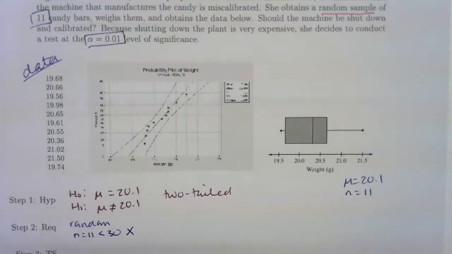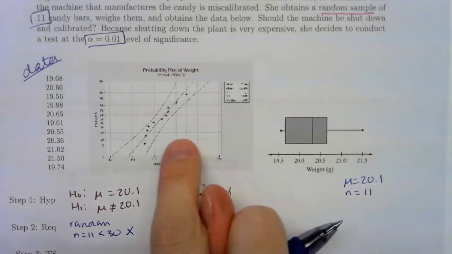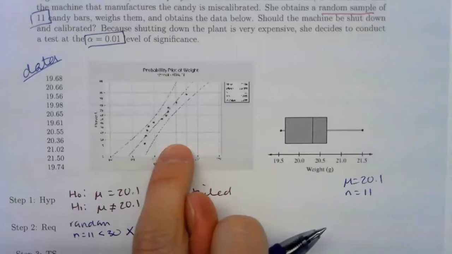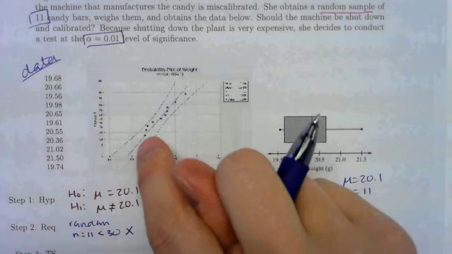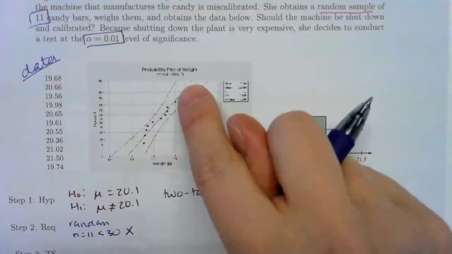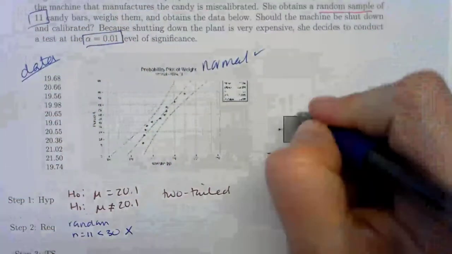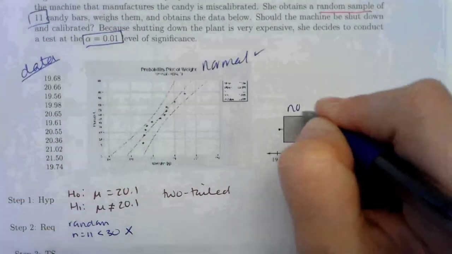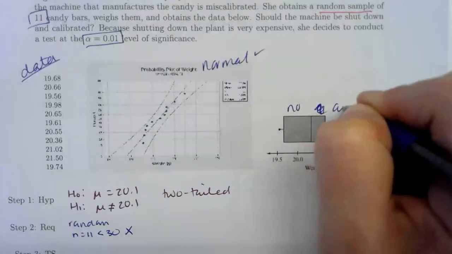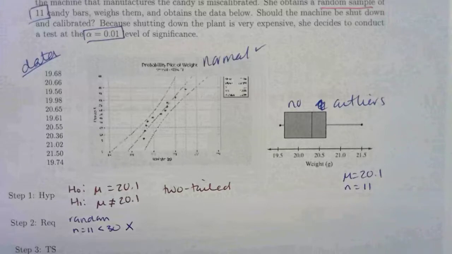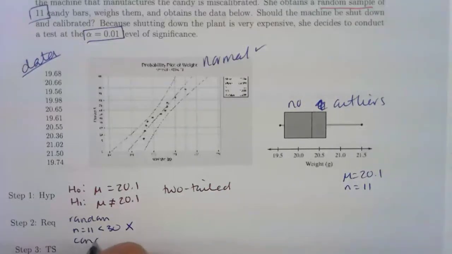That's a problem. But you were provided with a QQ plot and a box plot. And so the QQ plot looks normal, right? It follows the line, everything looks good. And the box plot, we don't have any outliers. So our conditions are met.